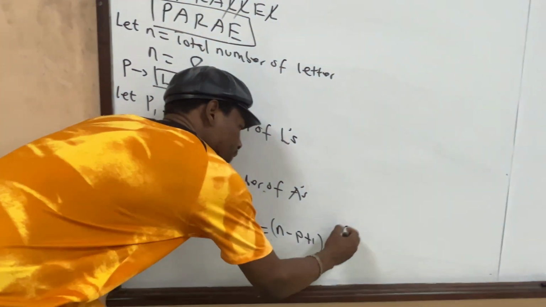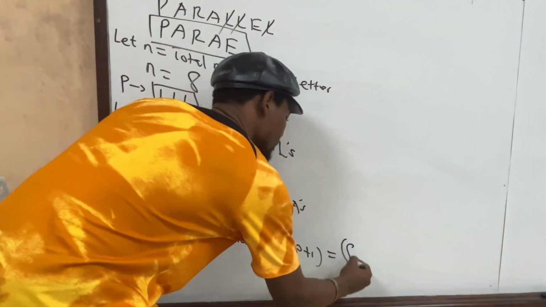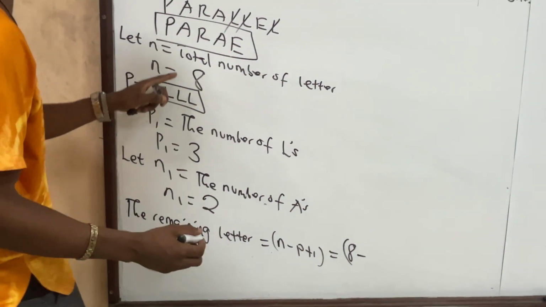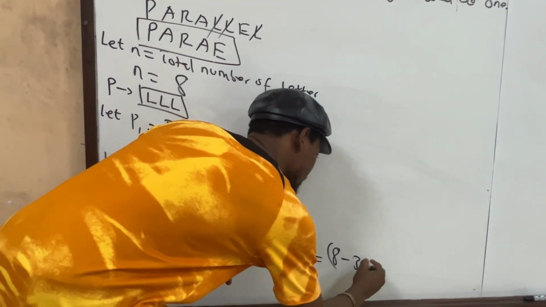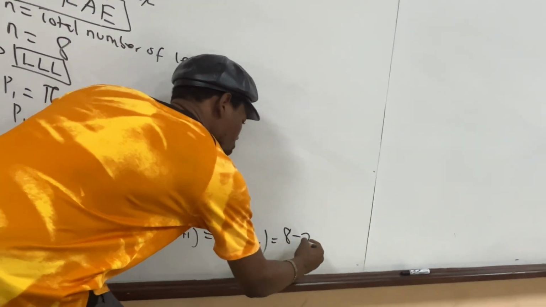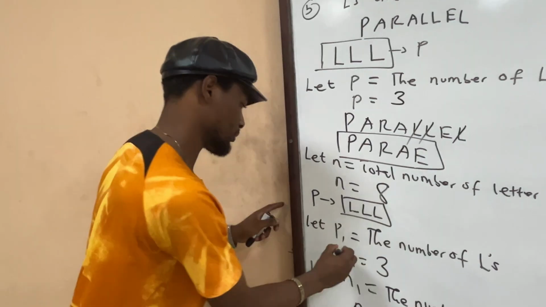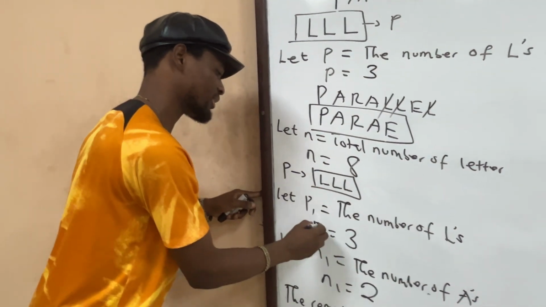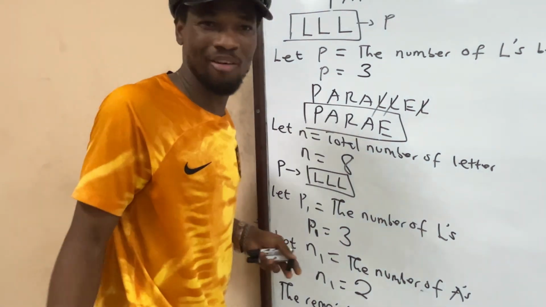My N here is 8, minus P, where P is equal to 3, then plus 1. So I have 8 minus 2, which is equal to 6. As simple as that. So viewers, now let's go straight ahead and apply the formula.